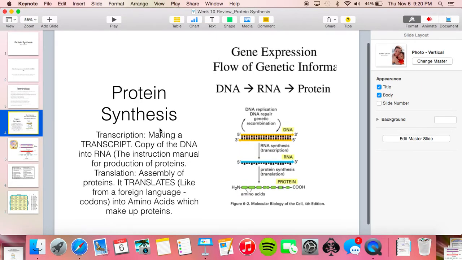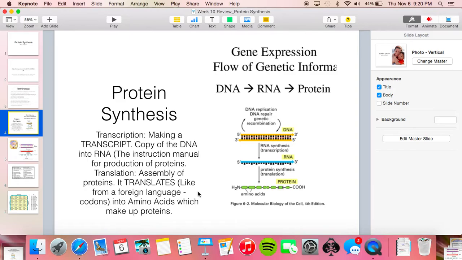Okay, so protein synthesis, like I said, consists of 2 parts. So you have transcription, which is basically copying the DNA into RNA. So it makes a transcript. Transcription, transcript, okay? It's like copying a book you need or something like that. So I think in one of the videos he talks about making Hot Pockets.